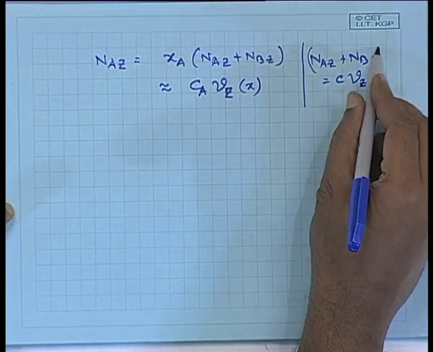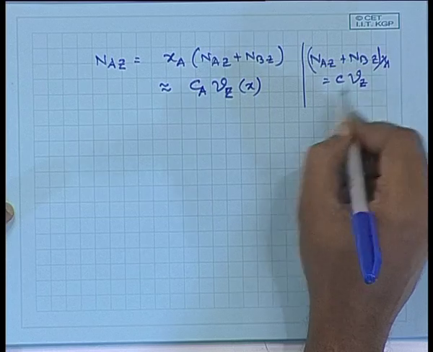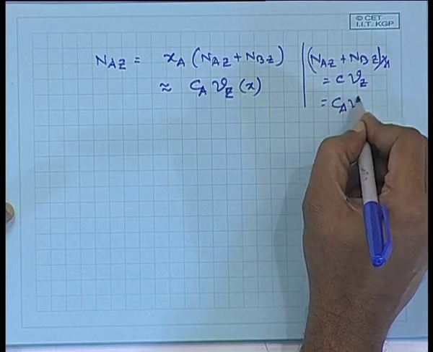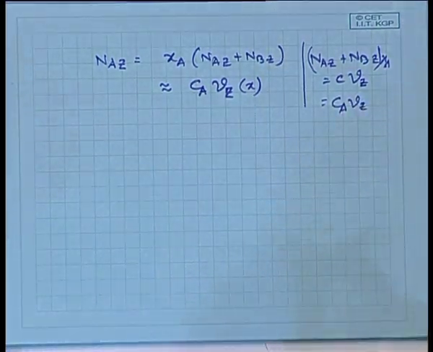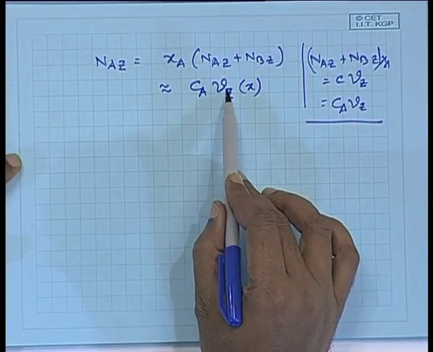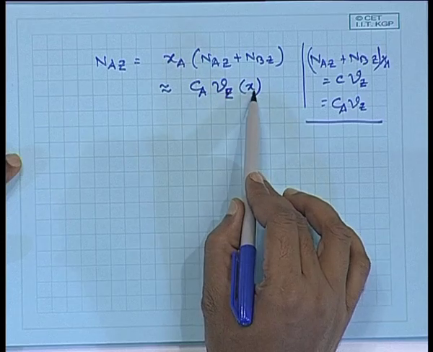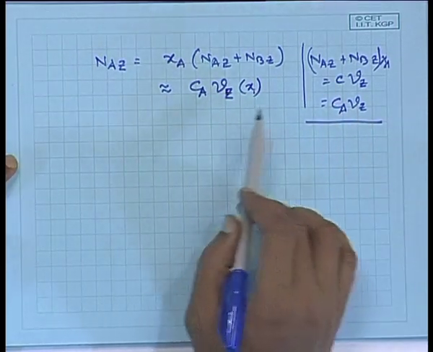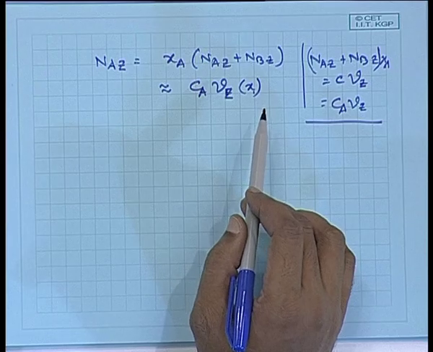So this multiplied by xA would simply give me CA times Vz. That's a relation which I have used. And we also understand that this Vz is a function of x. All right, Vz will change depending on where we are.